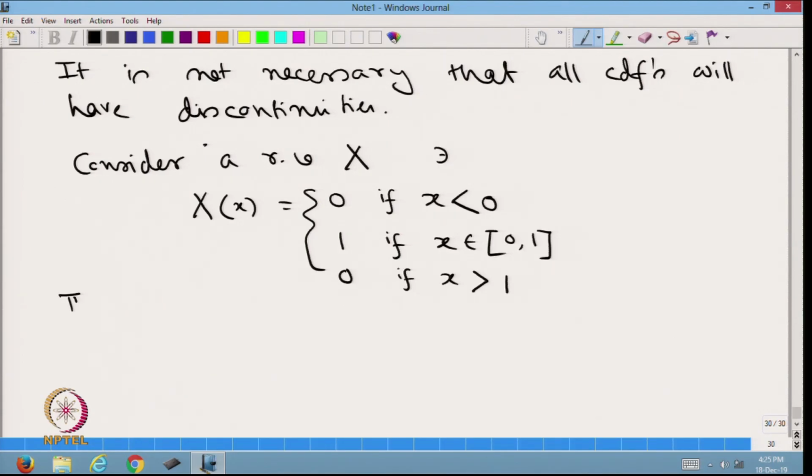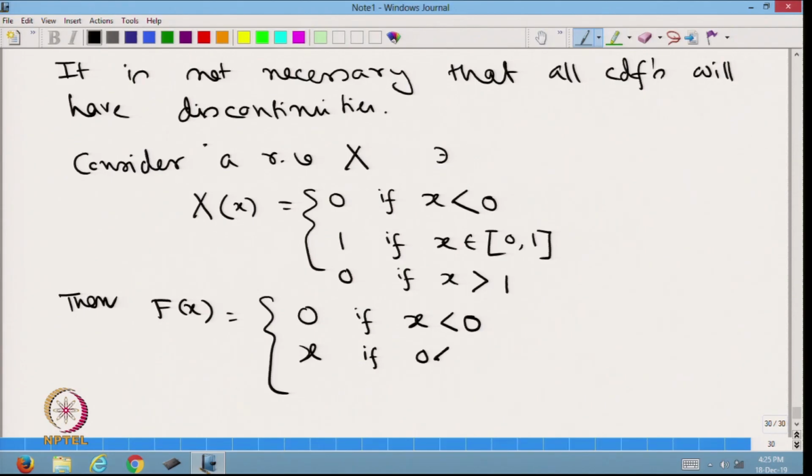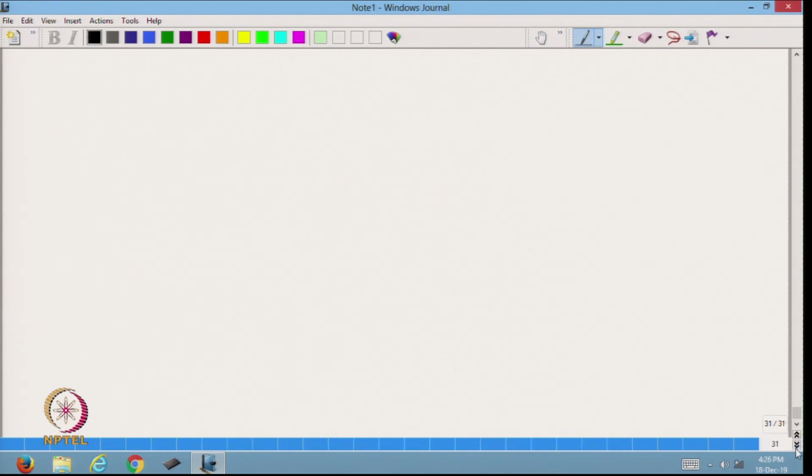Then f of x is equal to 0 if x is less than 0, equal to x if 0 is less than or equal to x less than or equal to 1, equal to 1 if x is greater than 1.